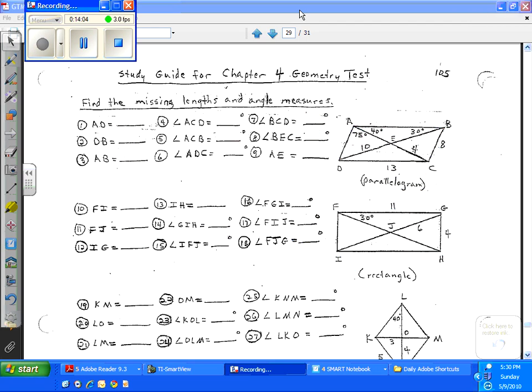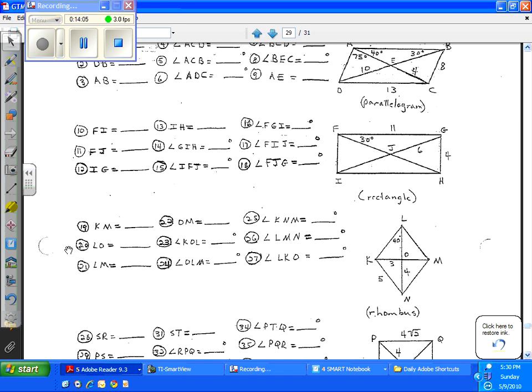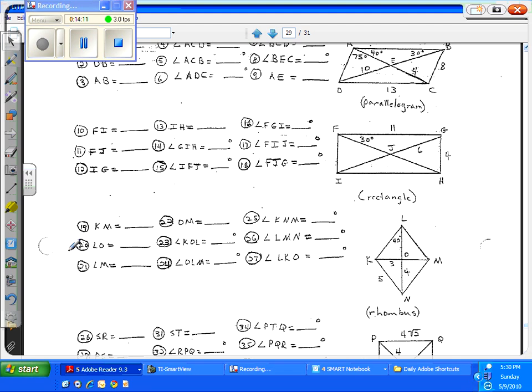Okay. Again, these pictures are not drawn to scale, and so sometimes using the information given at this stage in the game, I'll refer us back to this. These all came out to be 60, which means that should have been equilateral, which it doesn't even look like it.